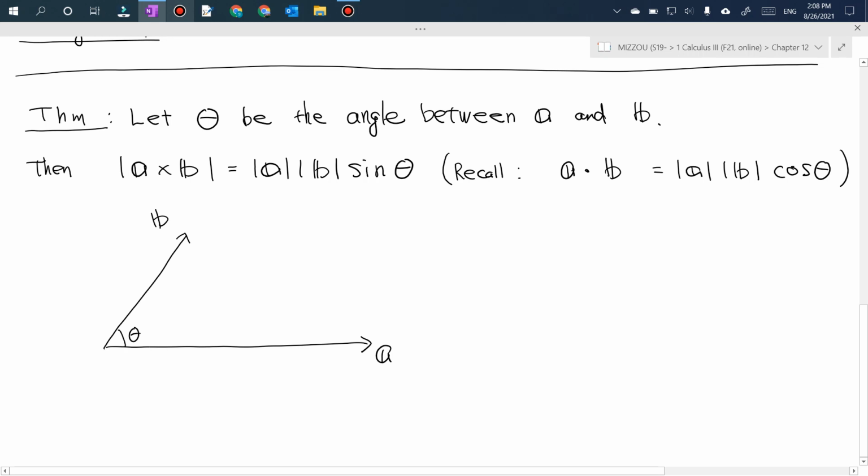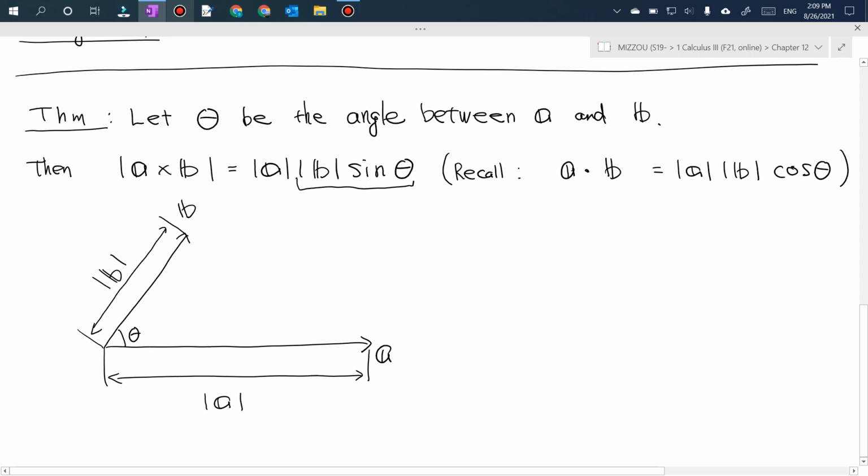Then the magnitude of A is, of course, the length of this line segment, and the magnitude of B is the length of this line segment. Then, what's this, B sine theta? Well, this is pretty much by the definition of sine theta. It's just the height here.